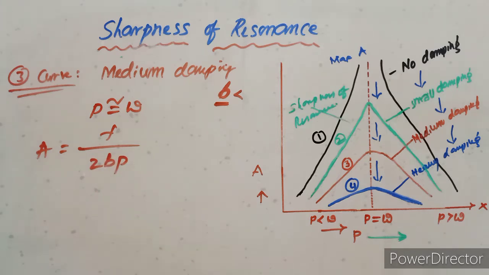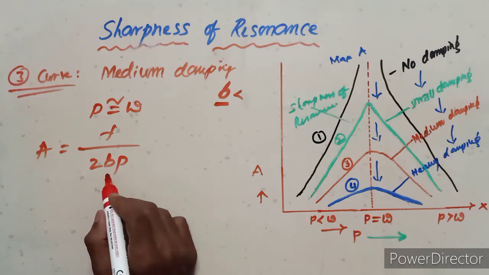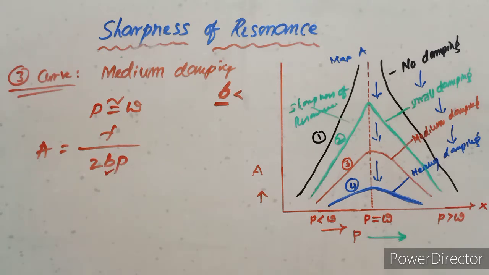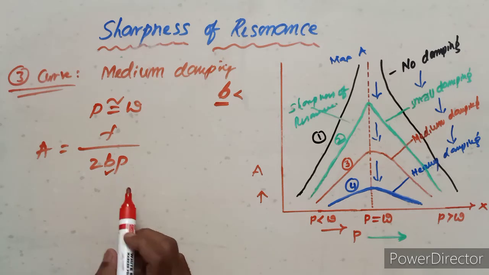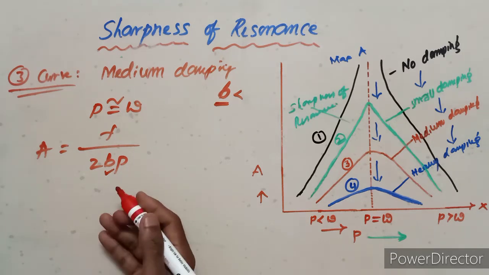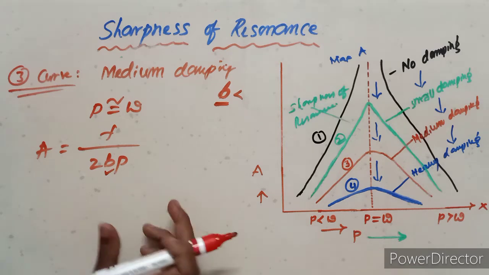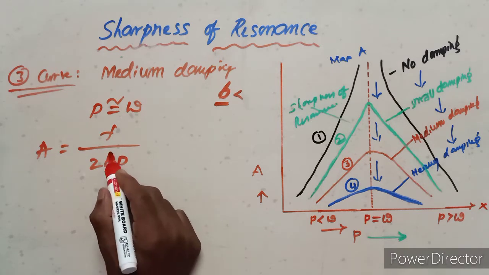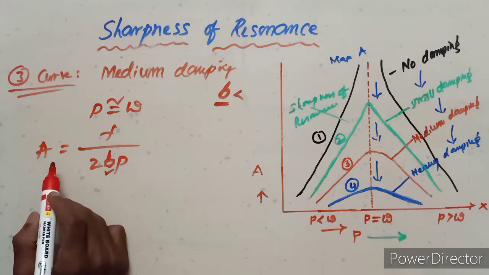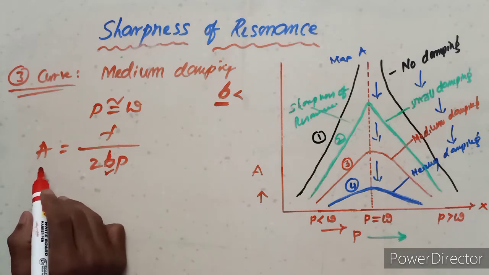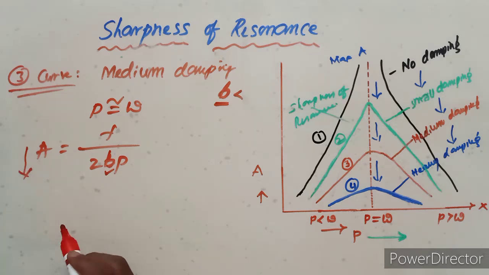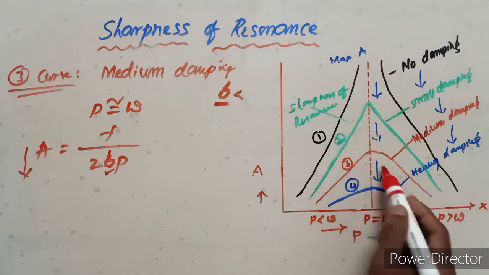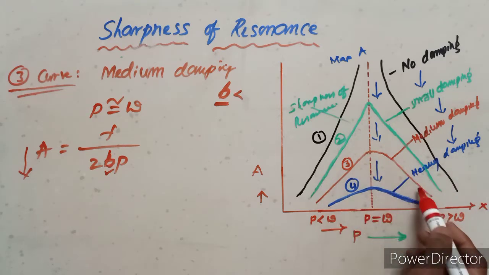In this condition b is also small, but compared to the second curve it is higher. So damping is high compared to the second curve. The amplitude is decreased; for medium damping, the amplitude decreases slowly.